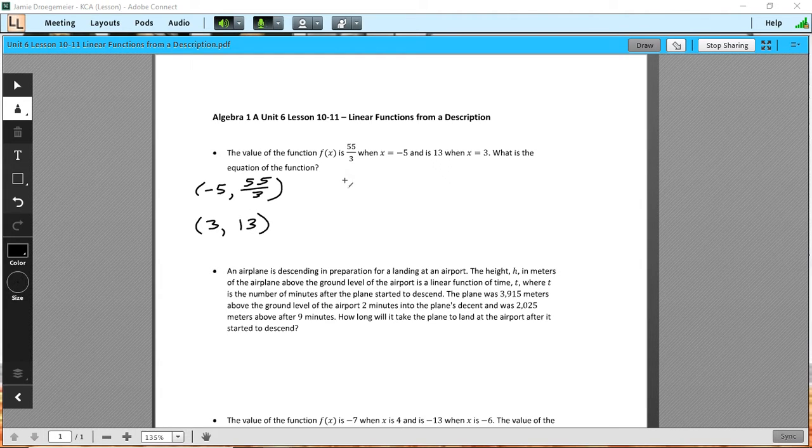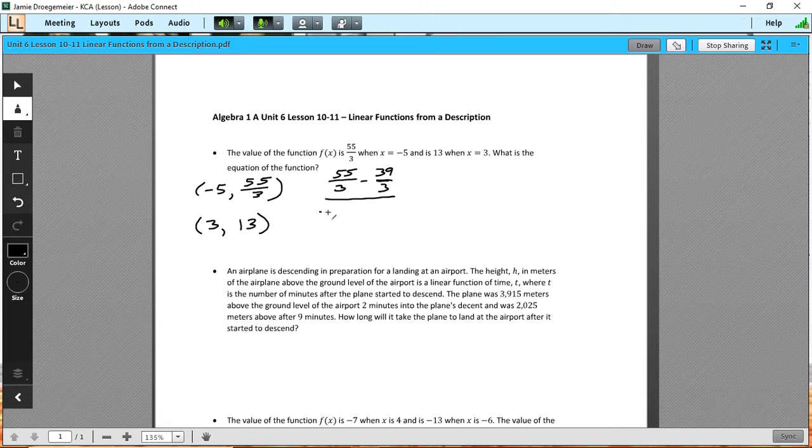So we're going to take the difference between our y values. So 55 thirds minus 13. And I'm going to go ahead and make that into a fraction. So 13, if I was going to make it in thirds, 13 times 3 is 39. So that would be 39 thirds. That will just make our lives a little bit easier there with that subtraction.